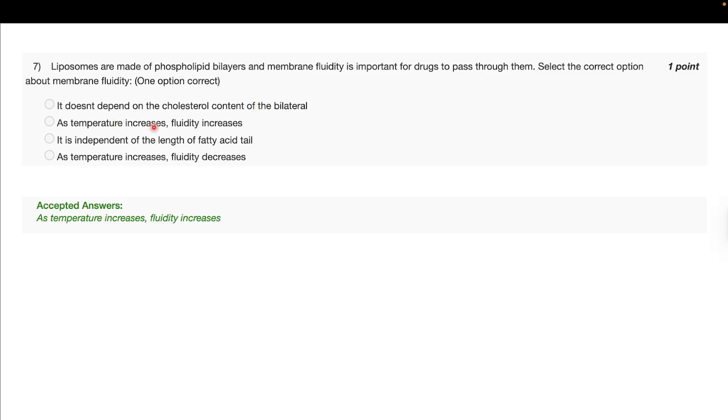And as the temperature increases, fluidity will increase, and it indeed depends on the length of fatty acid tail. So option 3 is incorrect, option 1 is incorrect, and as we already saw, as temperature increases, fluidity will increase instead of decreasing. So if you consider the options, only option 2 is the correct one to define these phospholipid bilayers. Is this clear?